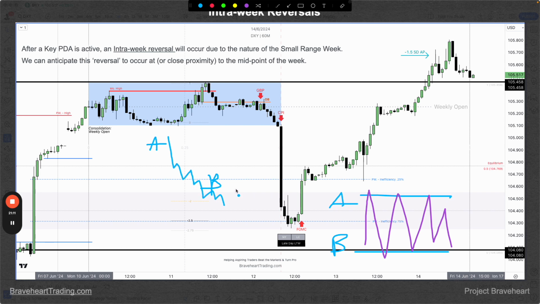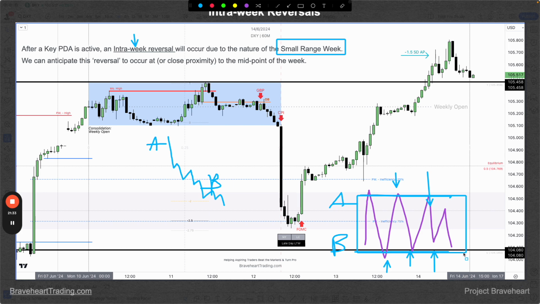Okay? So how price will stay stuck within here will create reversals like here, here, here, here. So by creating intra-week reversals, this maintains the small week range like so.